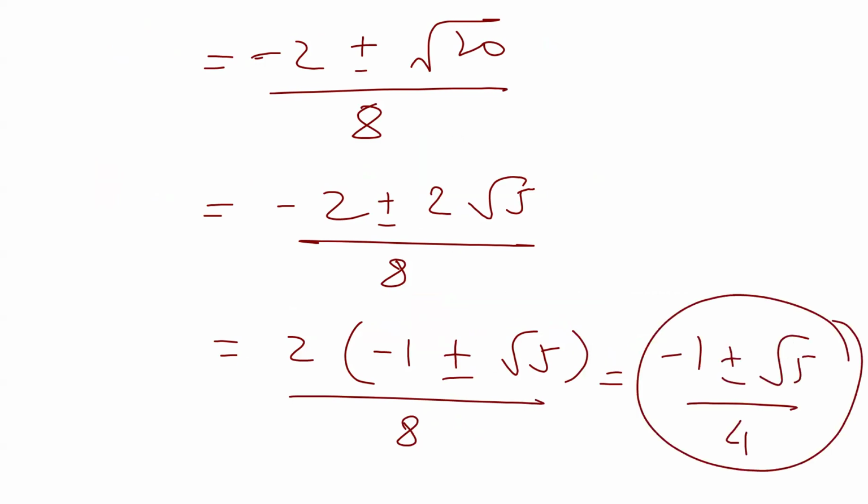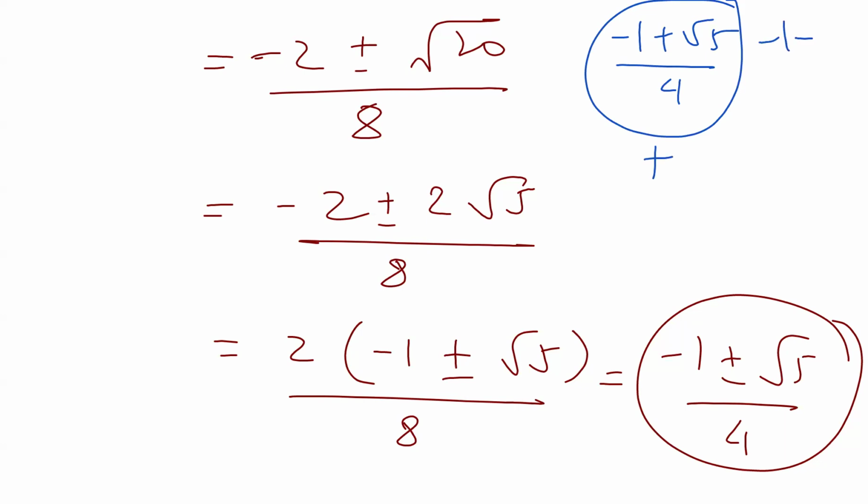Okay, now there are two values over here. The first value, minus 1 plus root 5 upon 4. Guys, is this a positive value? Root 5 is greater than 1, so this is a positive value. And minus 1 minus root 5 upon 4 is a negative value. So we'll discard the negative value.